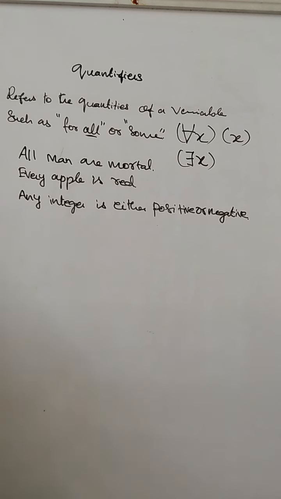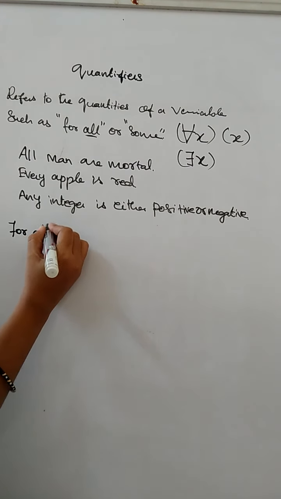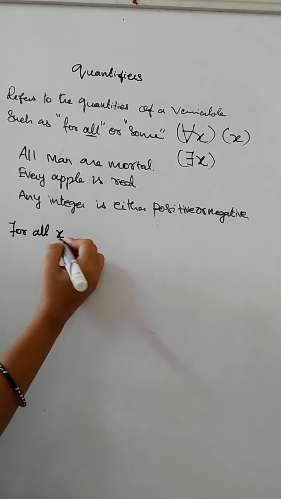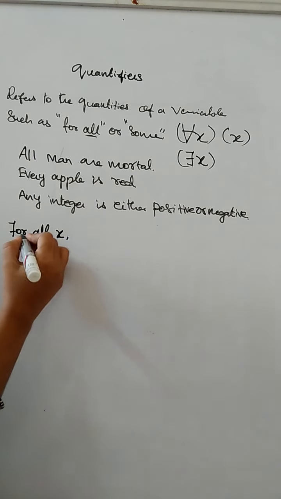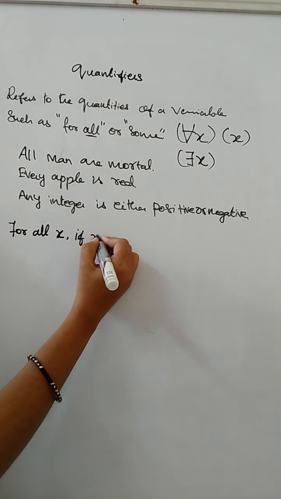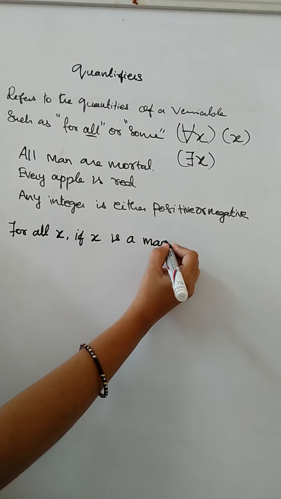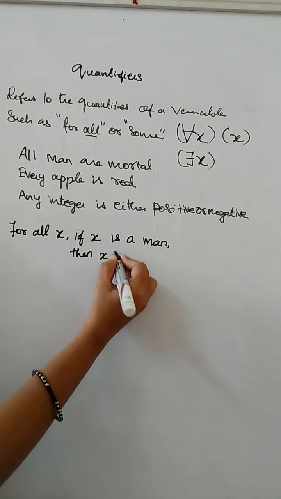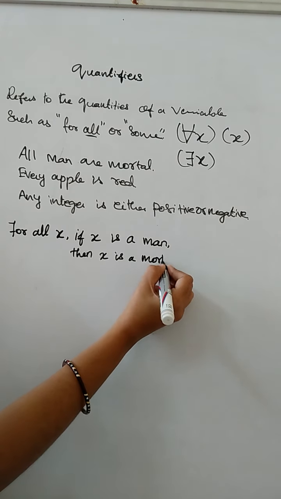So I can rewrite the first one as for all x, if x is a man, then x is a mortal.